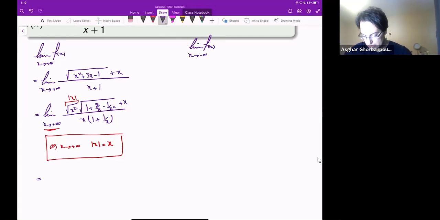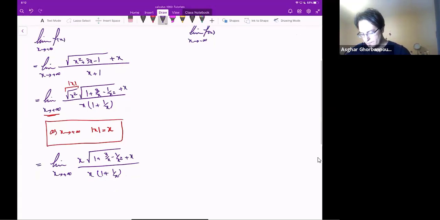That means that in the numerator, we are going to have x root 1 plus 3 over x minus 1 over x squared, and in the denominator x times 1 plus 1 over x, as x goes to plus infinity.